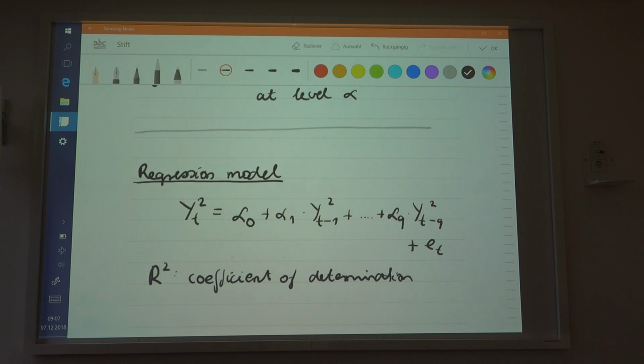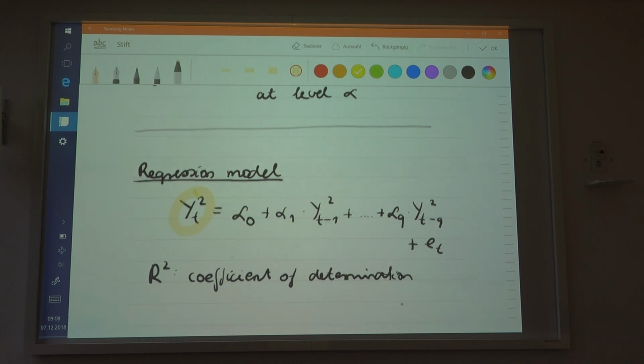This is the ratio of the explained variance of the model, so the explained variance of the dependent variable divided by the total variance of the variable. So you calculate the coefficient of determination of that.